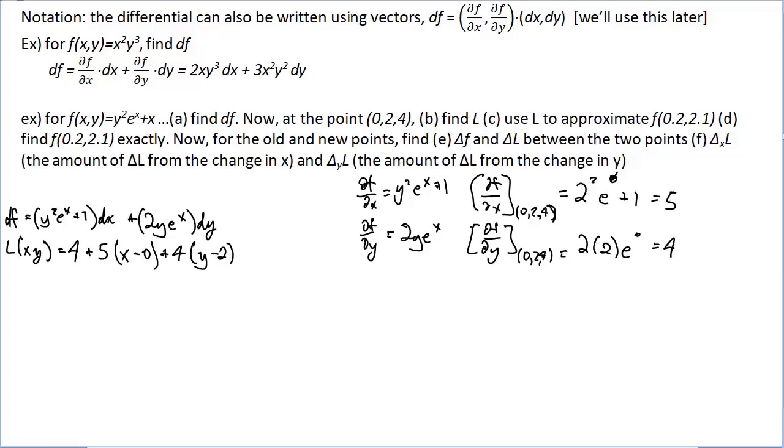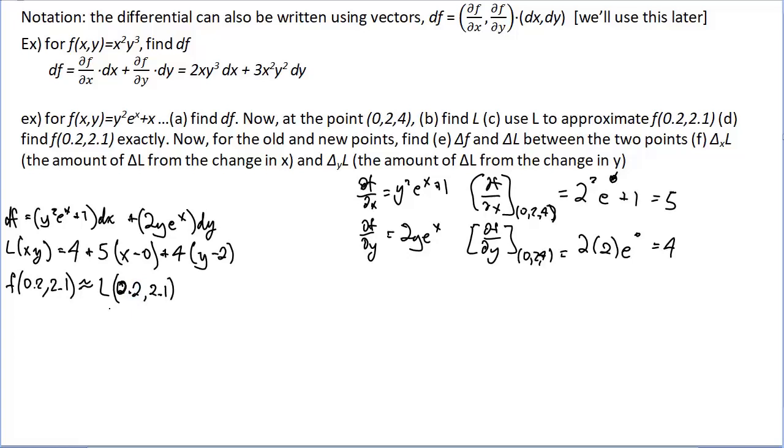So now part C says, use L to approximate the value of the function at 0.2, comma 2.1. So f of 0.2, 2.1 is approximated by the linear approximation function. So that's L of 0.2, comma 2.1.